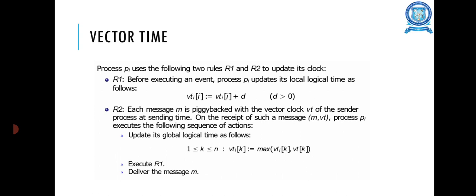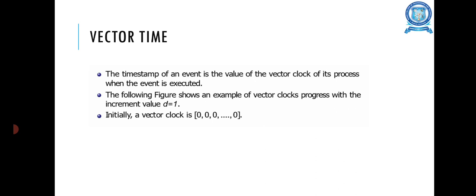Vt means the vector time. The next action is to execute rule 1, then deliver the message m. The timestamp of the event is the value of the vector clock of its process when the event is executed.